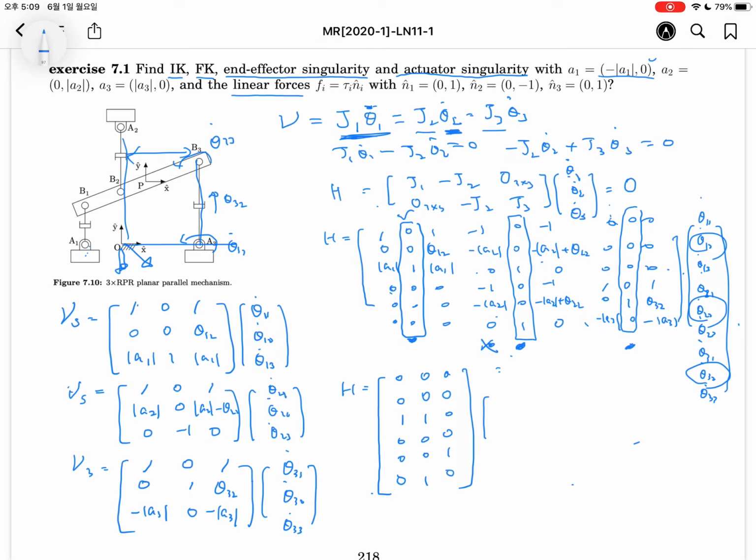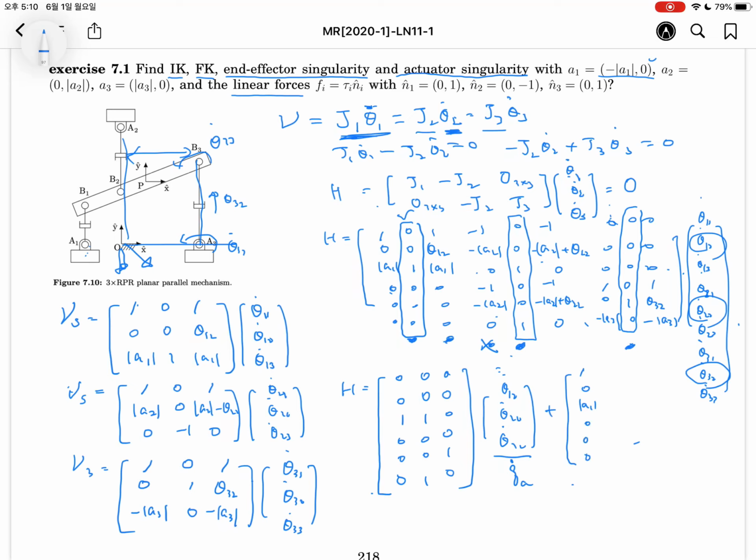And then the 3 active joints should be added: theta 12 dot, theta 22 dot, theta 32 dot. Okay, it will be denoted by QA dot, the active joint angle. And the remaining 6 column vectors will be the passive Jacobian. The first one is 1, 0, A1, 0, 0, 0.